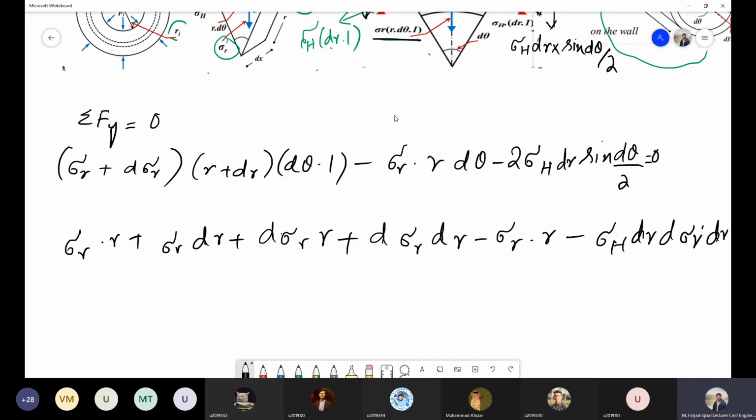Now this will be the equation that we are going to get. Over here I have ignored the d theta term because these angles are very small.